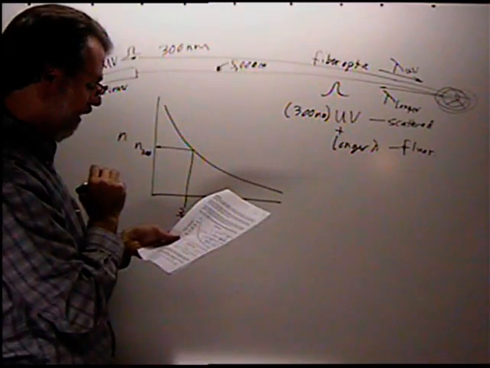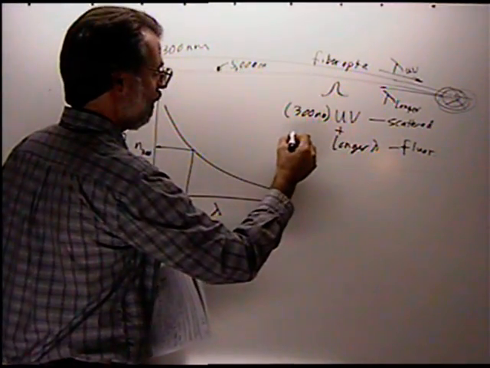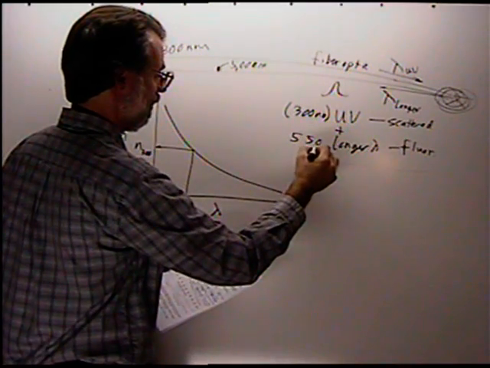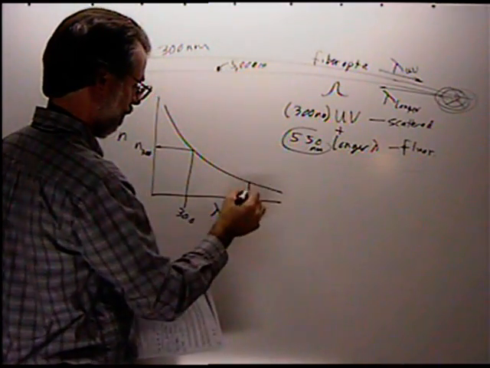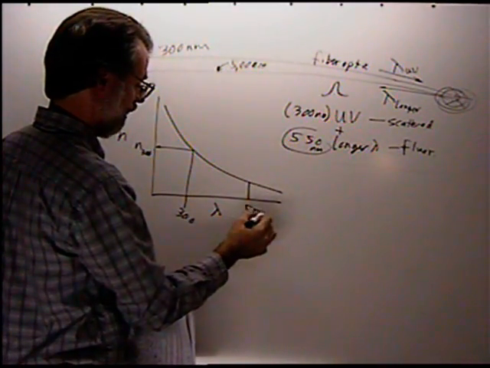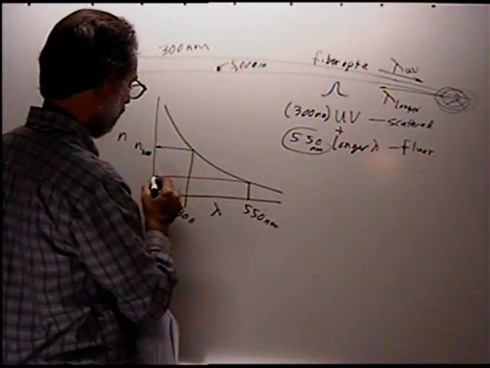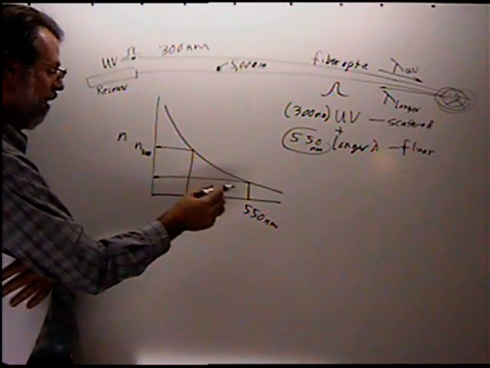The longer wavelength light is at 550 nanometers, and here's 550 nanometers, and that has a particular index of refraction.